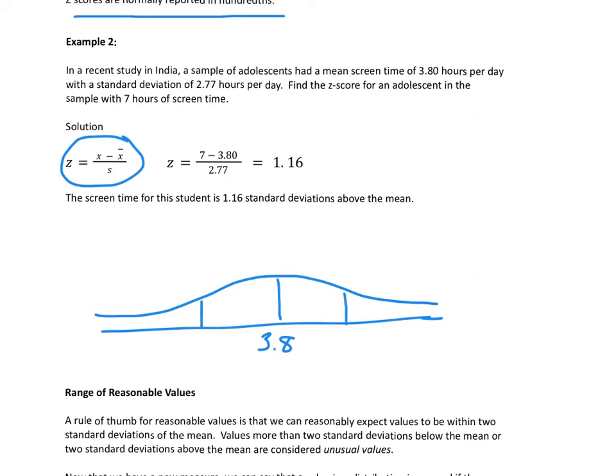And this particular person is about right here. Okay, so 7 minus 3.8 would be the number of hours above the mean that this adolescent is. Divide that by the standard deviation of 2.77 for a z-score of 1.16, or 1.16 standard deviations above the mean.